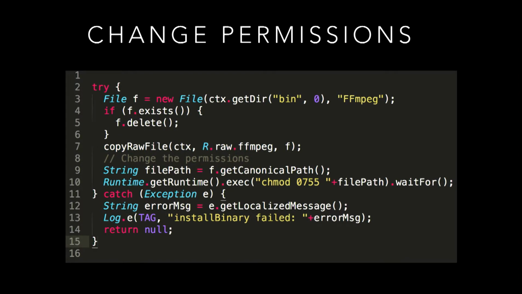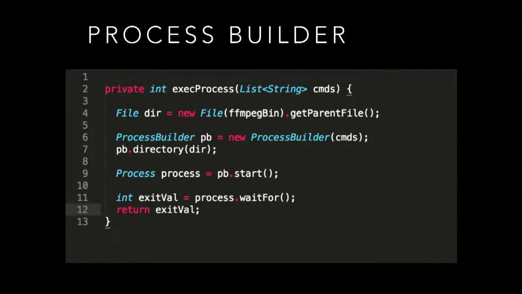So the next step is to pass commands to your FFmpeg. And the way to go about doing this is to use the ProcessBuilder class in your Android app. The ProcessBuilder can be instantiated by passing the list of commands to its constructor. And also, you need to specify the directory in which your FFmpeg executable is stored.